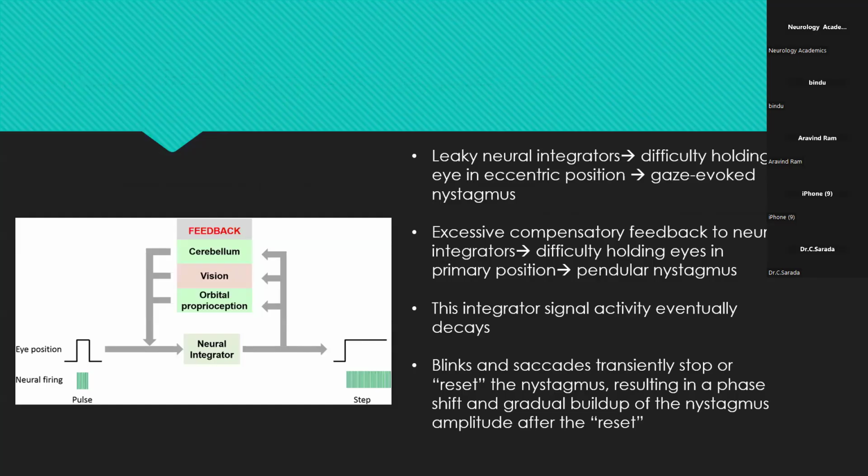The pathophysiology behind this is usually that the neural integrator requires feedback from the cerebellum as well as vision for functioning in a normal way. We already know that the neural integrators can be inherently leaky, so in case of pathology it is difficult to maintain the position in an eccentric position, which will cause a gaze evoked nystagmus.